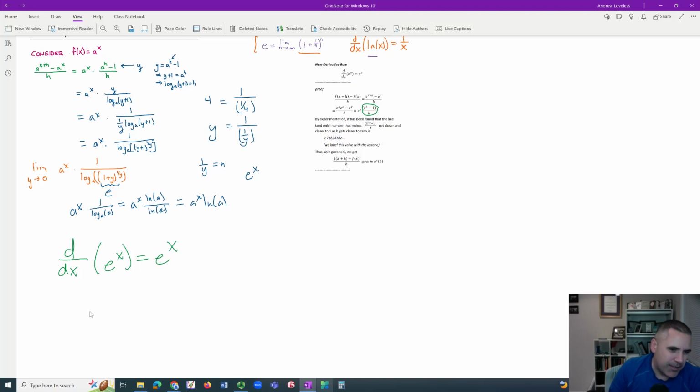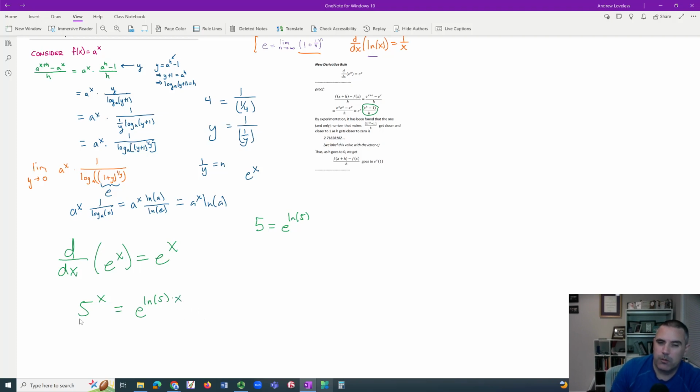Now, if someone hands me the function 5 to the x and I have to take a derivative, there is a rule for that, but if you ever forget, there's a clever little way to always make the base e. And that is to basically take any number you want and write it as e to the log of 5. So this would become e to the log of 5, all raised to the x power, but that just means times x.